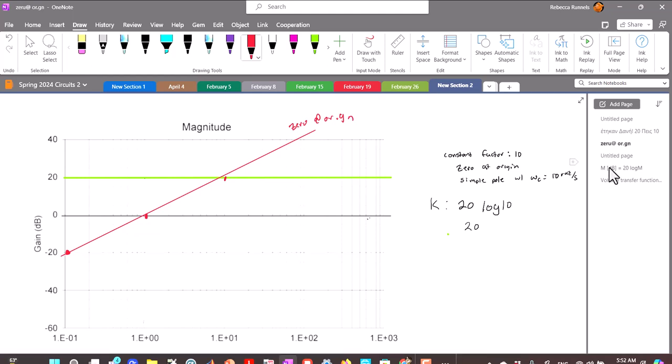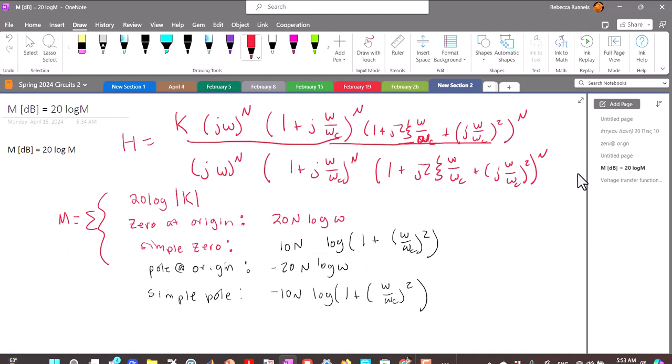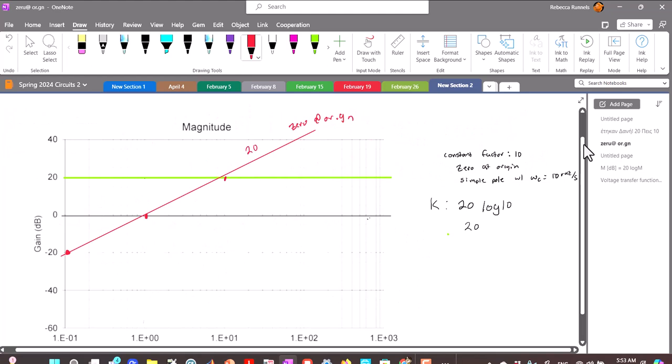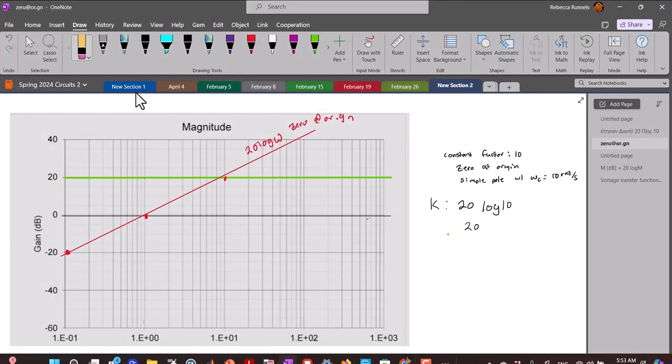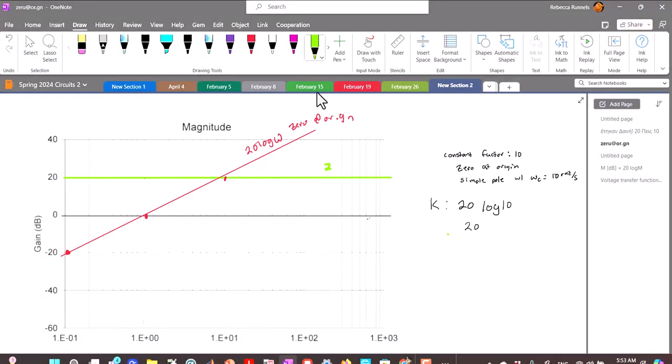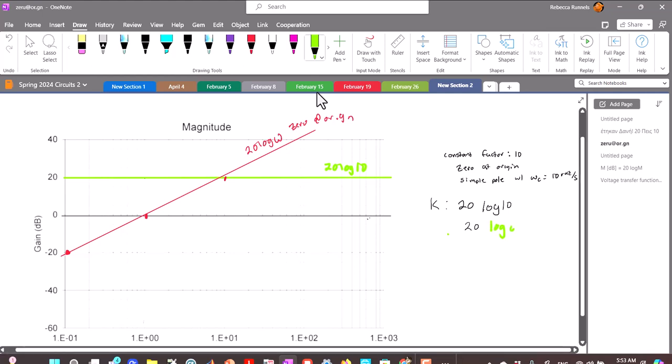And then that one is 20 log omega. And my constant is 20 log 10. Okay, and then this was 0 at origin.